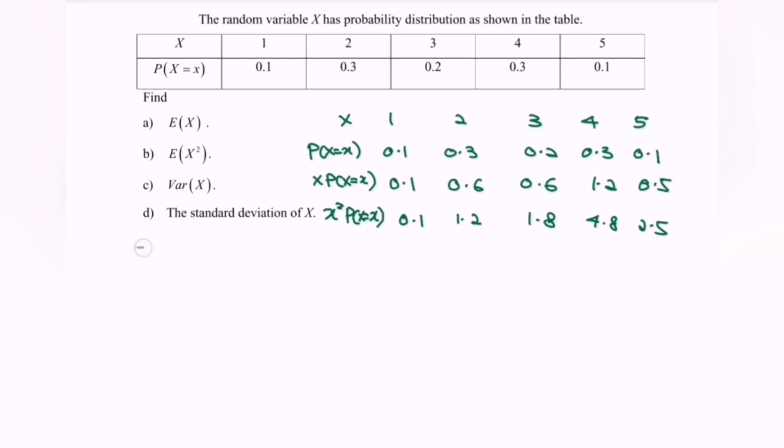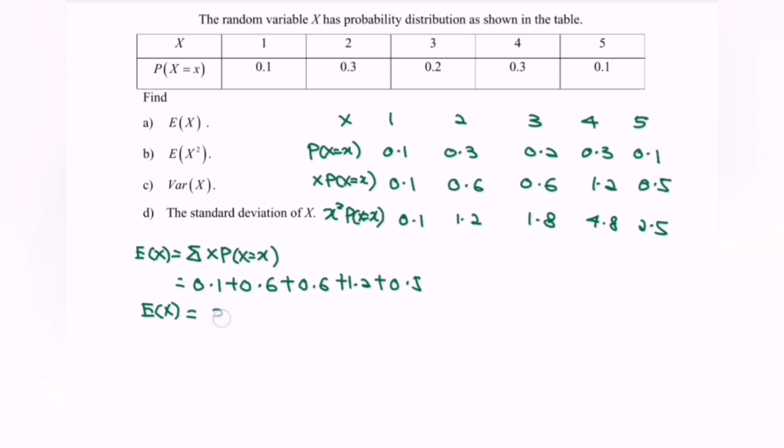Next, move on to E(X), where we have the formula: summation of x multiplied by the probability of x. It means that we have to sum up these parts: 0.1 plus 0.6, 0.6, 1.2, and 0.5. So the expected value will be equal to 3.